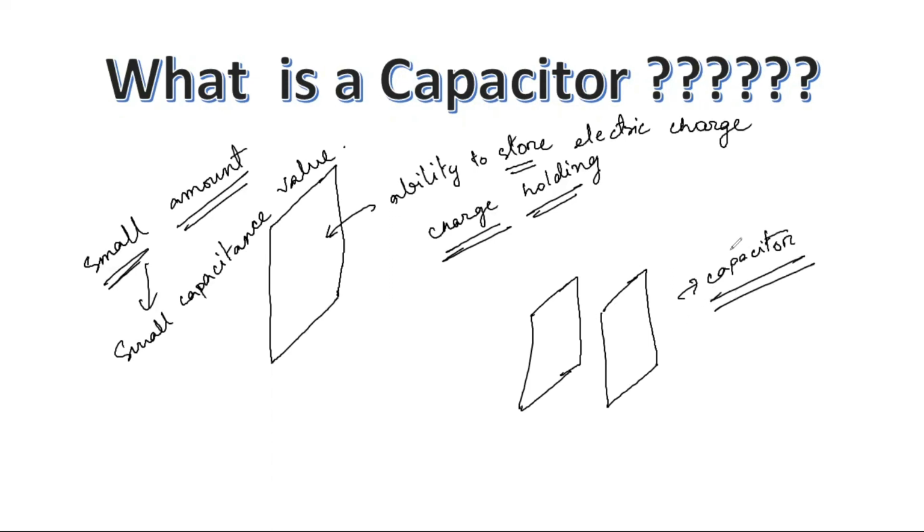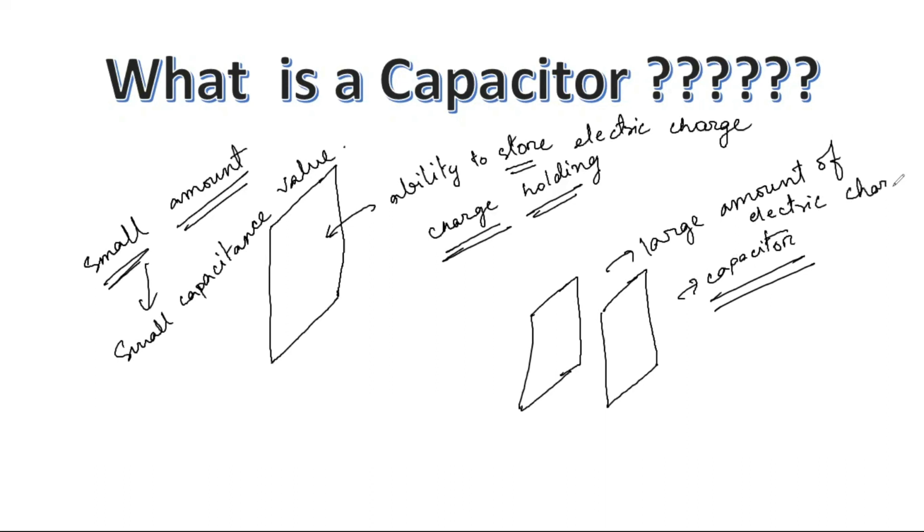So a capacitor is nothing but an arrangement of two conductors. The shape of the conductors can be anything. But our only concern is to have two conductors so that we can store a large amount of electric charge.